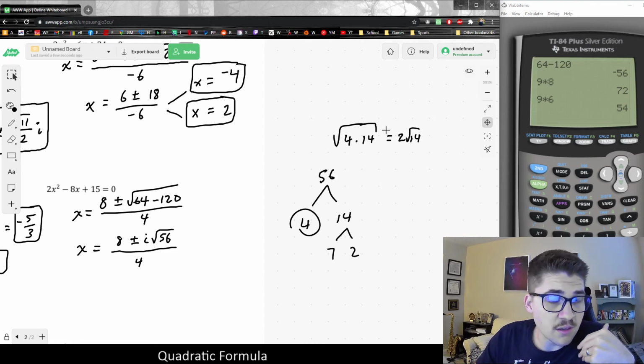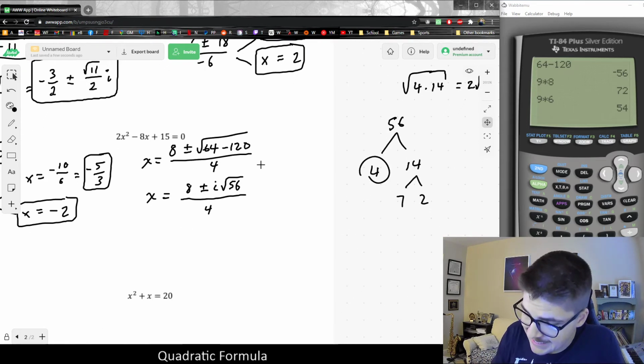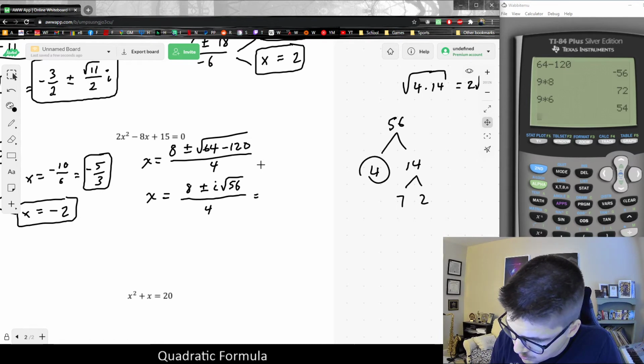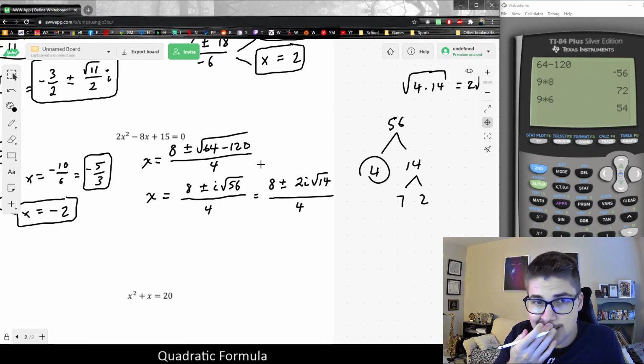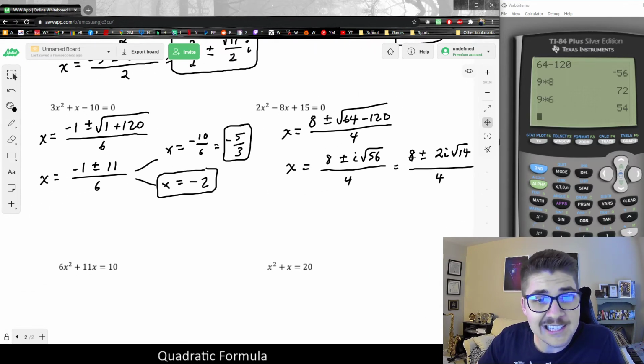Or you could always do it on scratch paper off to the side if you're trying to figure out how this would simplify. Or even, some calculators could simplify it for you. But at the end of the day, this would be equal to 8 plus or minus 2i root 14 over 4. And of course, I think it's nice to write it by separating it into 2 parts.